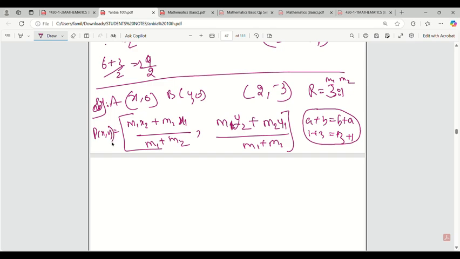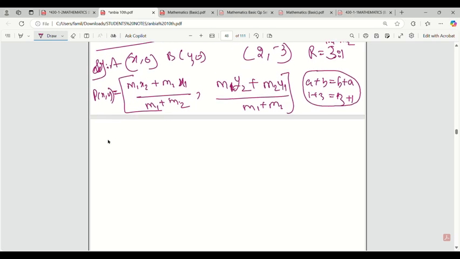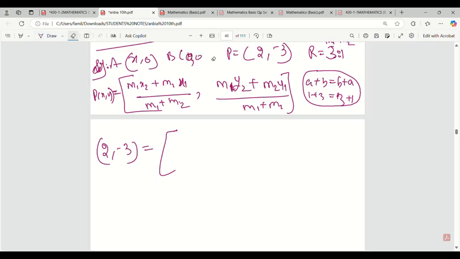So P of x comma y is the point which is dividing the line segment. So 2 comma minus 3 is equal to this. What are the points? Sorry, this is 0 comma y, not y comma 0.